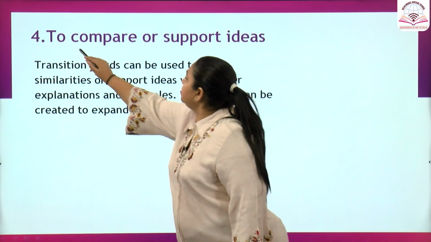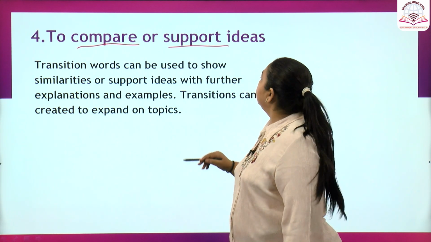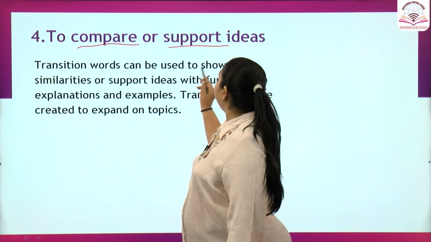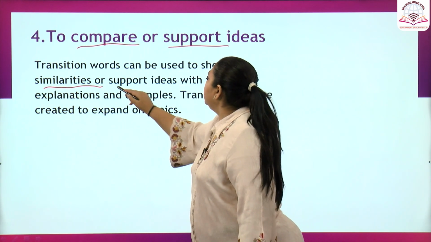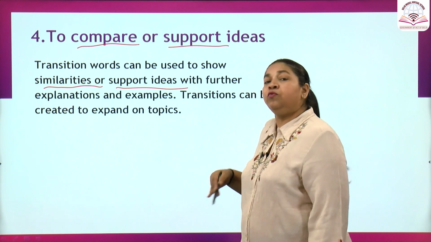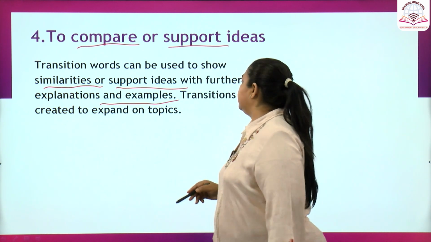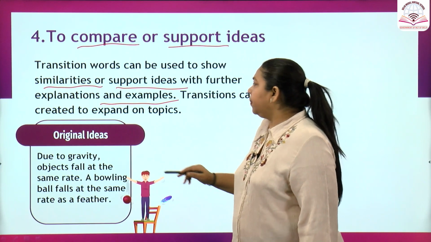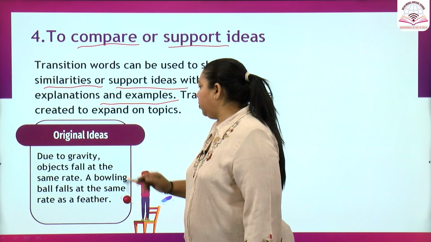The next is to compare or support ideas. Transition words can be used to show similarities or support ideas with further explanations and examples. Let's see. Due to gravity, objects fall at the same rate.